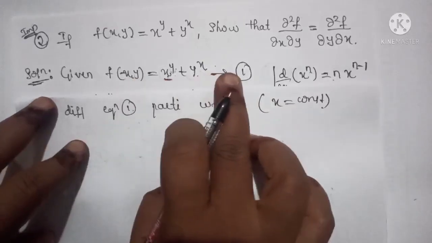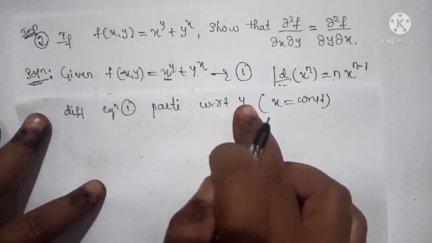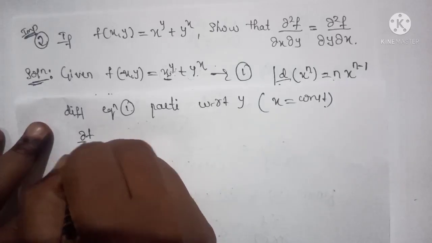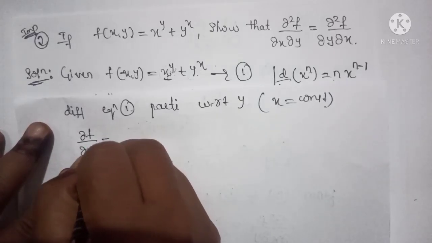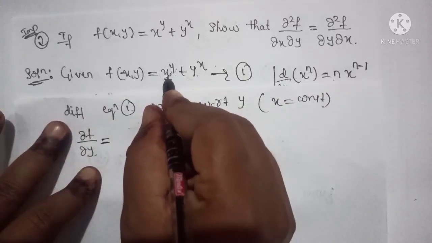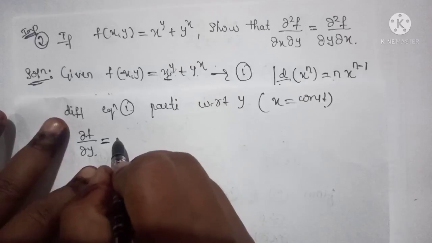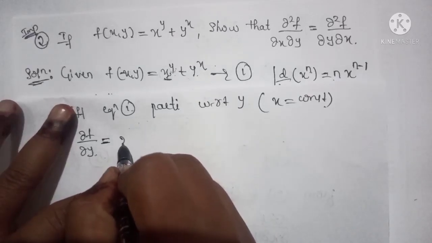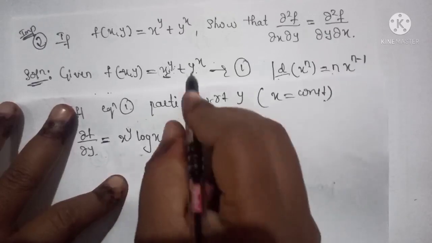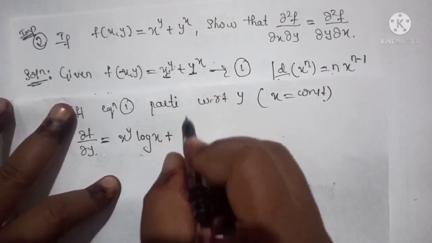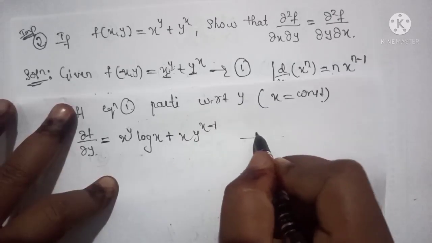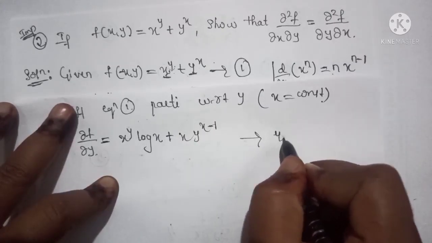With respect to y, we get dou f by dou y. It is in the form a raised to x, so a raised to x differentiation is a raised to x into log a, that is x raised to y into log x, plus here it is x raised to n form, therefore x into y raised to x minus 1. Consider this as equation 4.